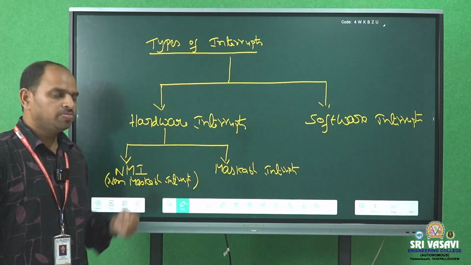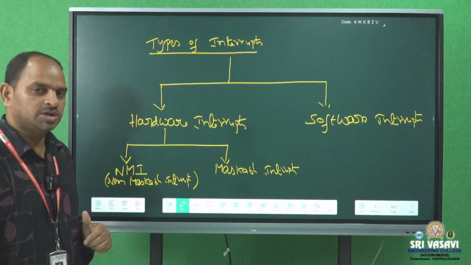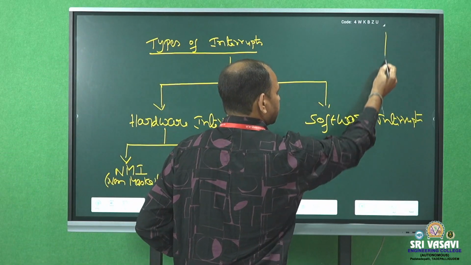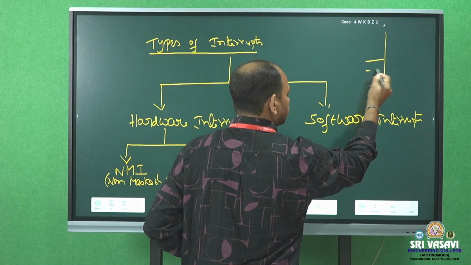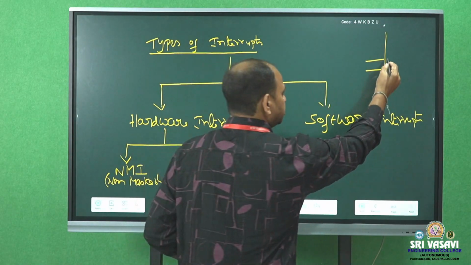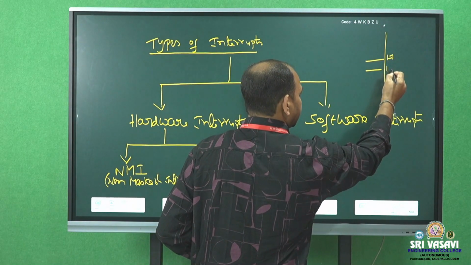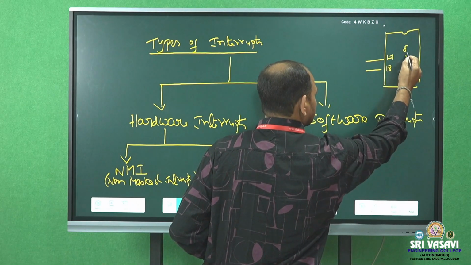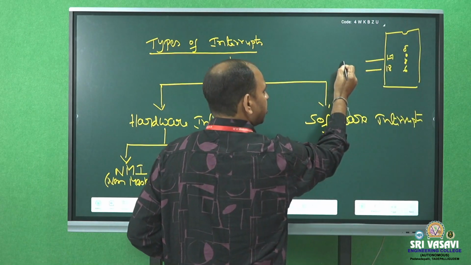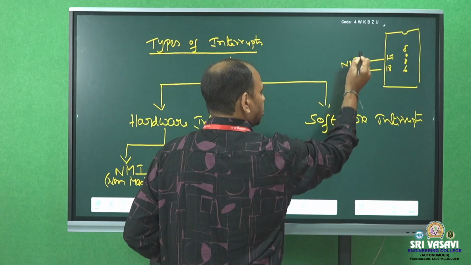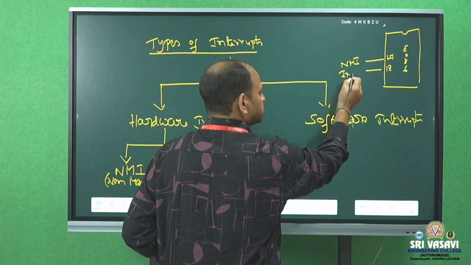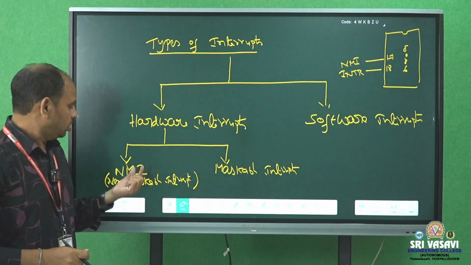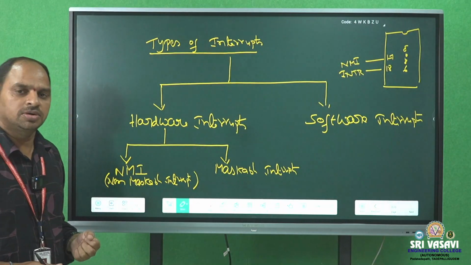Hardware interrupts are generated by external devices. In 8086 we have two pins, pin 17 and pin 18. Pin 17 belongs to NMI, the non-maskable interrupt, and pin 18 belongs to INTR. What is the meaning of non-maskable interrupt?